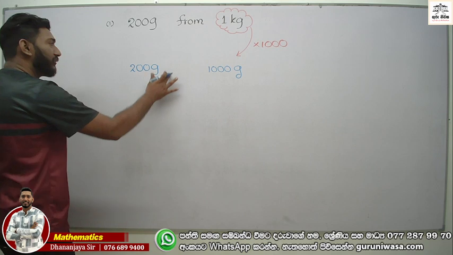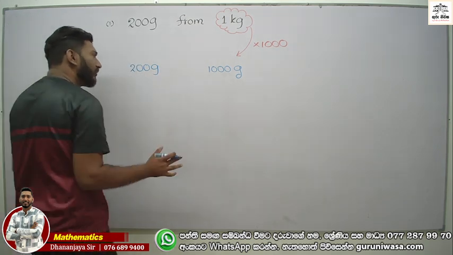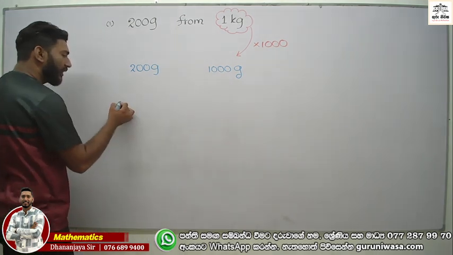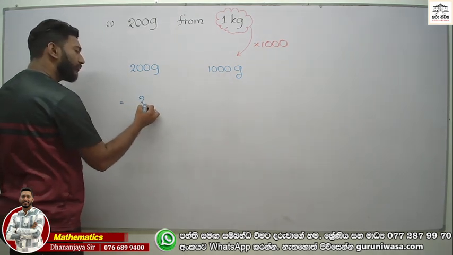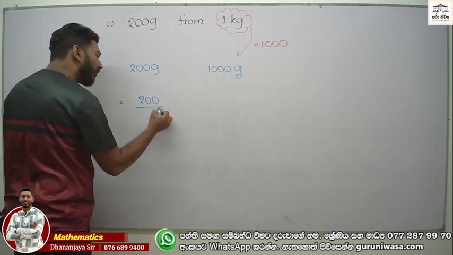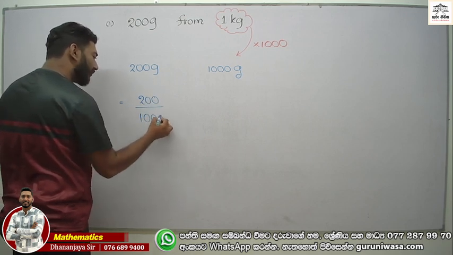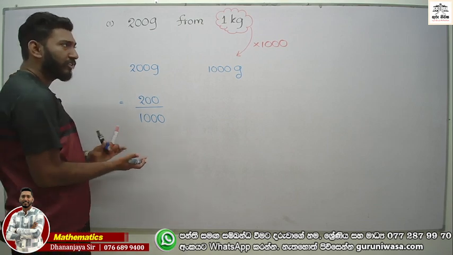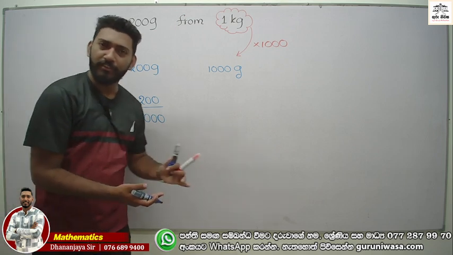Now look at this. This is the first quantity and this is the second quantity. Therefore you can write it as a fraction. 200 out of 1,000. Now this is a fraction, but we need to change it into a percentage.